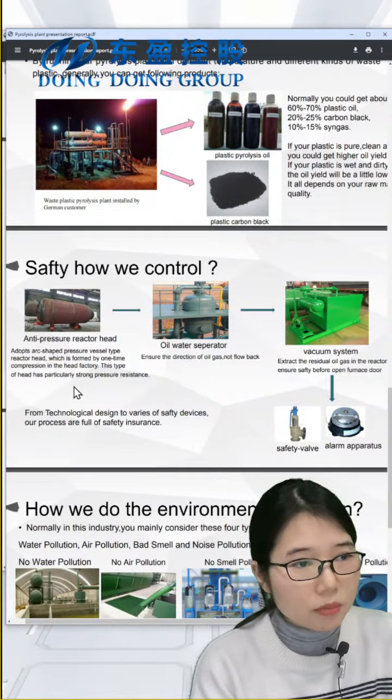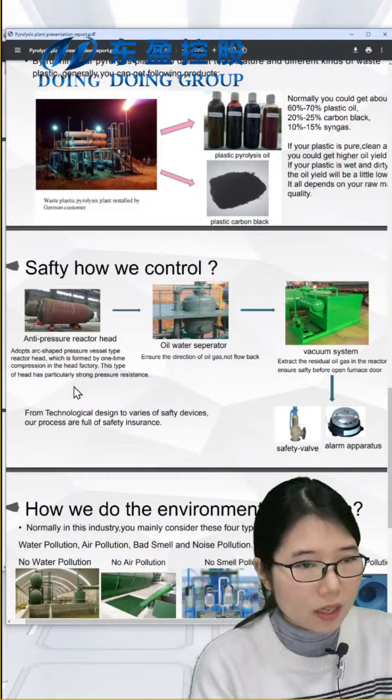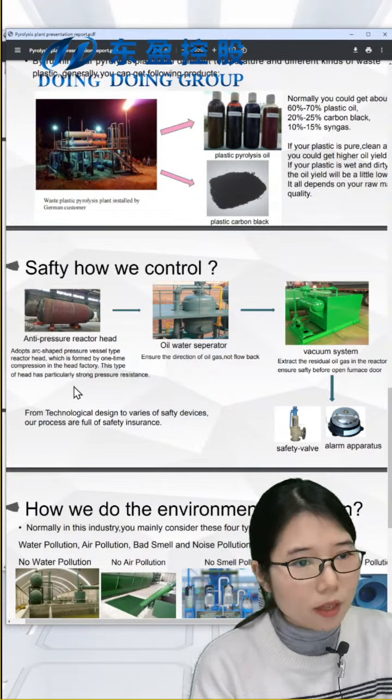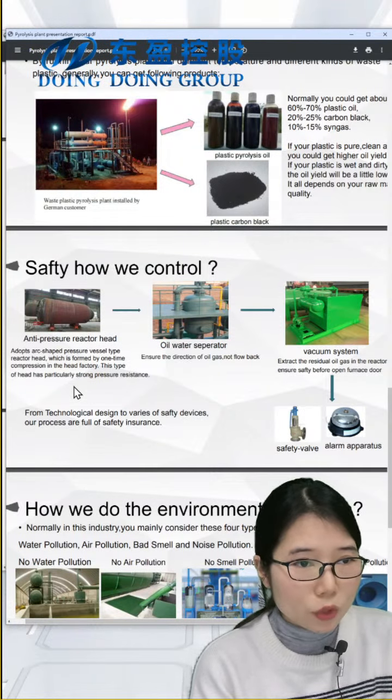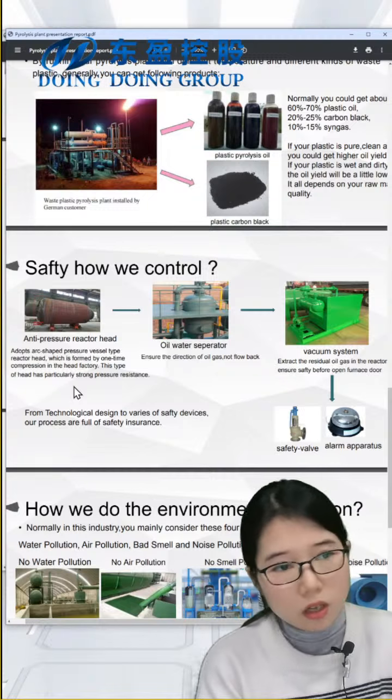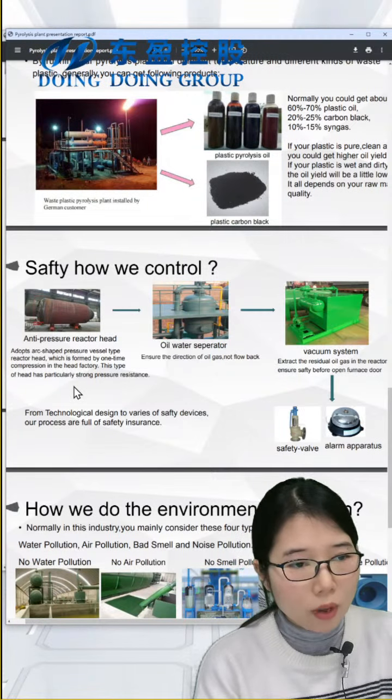And after finishing the processing of this pyrolysis plant, before we discharge the carbon black, we need to cool down the reactor, and we use the vacuum system to save reactor cooling time.